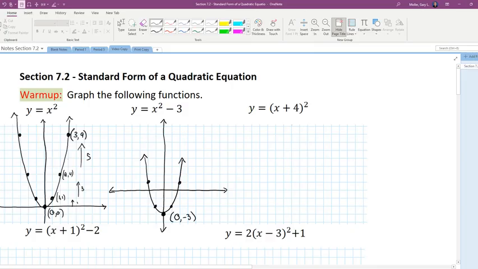All right, and then the next thing we had looked at was what happens if instead of having a number being added on the outside of the function, which is what I would describe what we did on the second question, that minus 3 is on the outside. This time we have a plus 4, but it's on the inside. And what we saw through example was that this graph is going to stay exactly the same. It's going to shift over, however, 1, 2, 3, 4. It's going to shift over to negative 4.